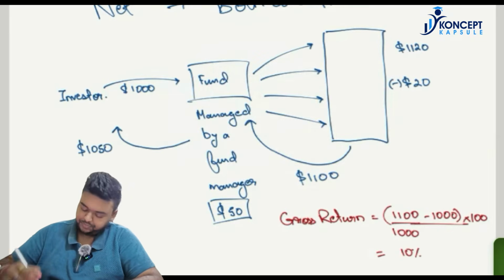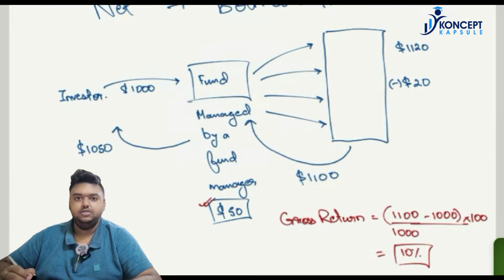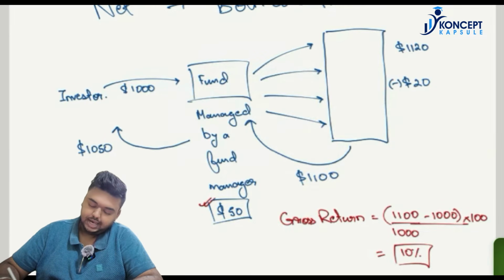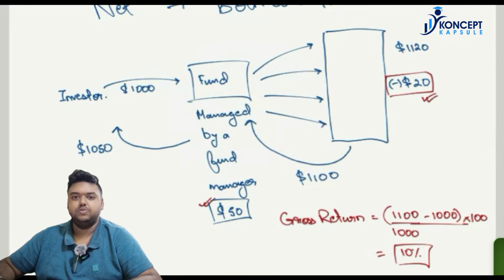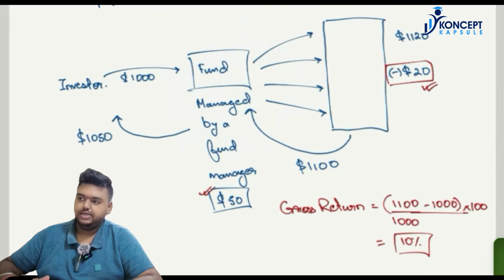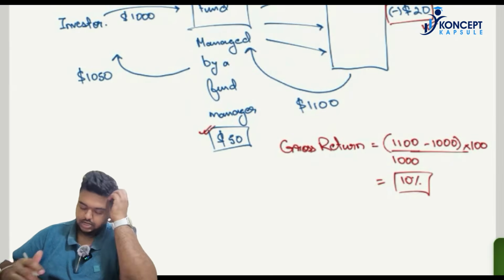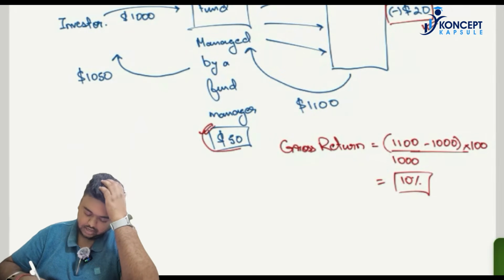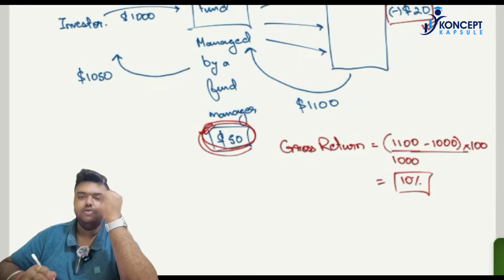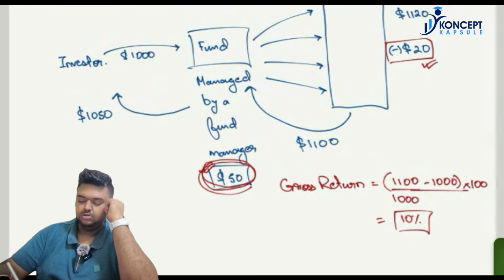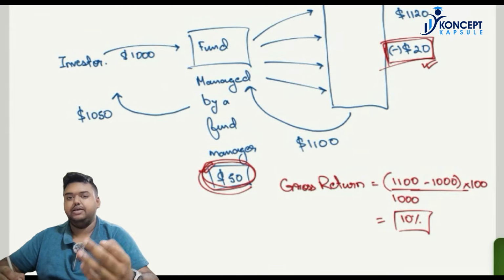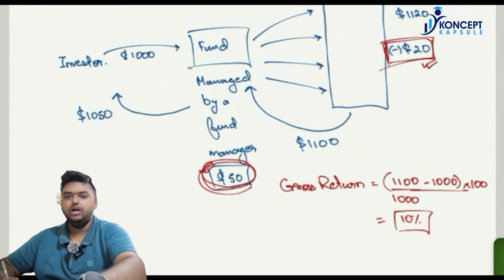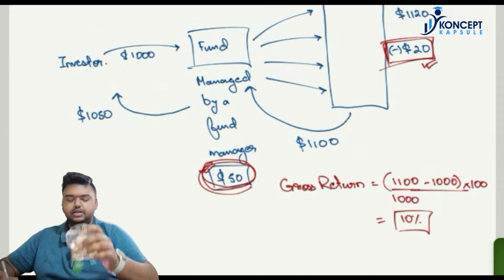So you see, in computing the gross return, the management expenses which were incurred at the fund level were not included. However, the expenses which were incurred in the form of commission or brokerage, or anything which is used for earning that return, were considered.